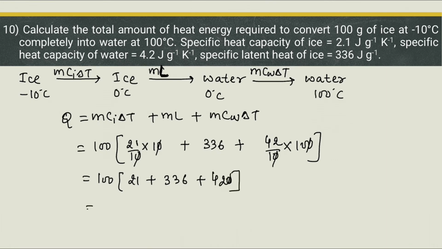That is 336 plus 420 plus 21, 777, so 77700 joule. This much heat energy is required to convert ice at -10 to water at 100 degrees Celsius.